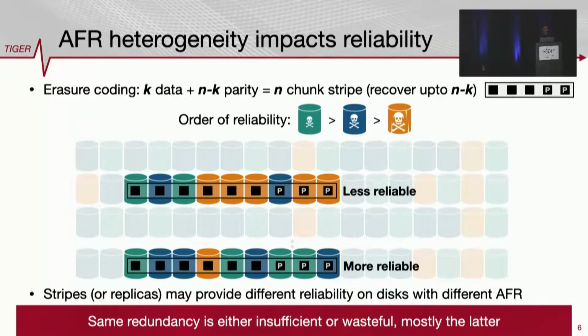In this case, because the yellow disks are the least reliable and the blue disks are medium and the strongest are the green disks in this toy example, the top stripe is actually less reliable compared to the bottom stripe because it has many more yellow disks as a part of its stripe. Okay? So the same level of redundancy is either insufficient, or what happens more often than not is overly wasteful because cluster administrators are conservative in selecting their redundancy schemes that they use on these disks.